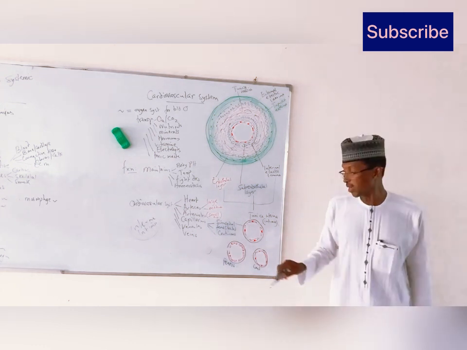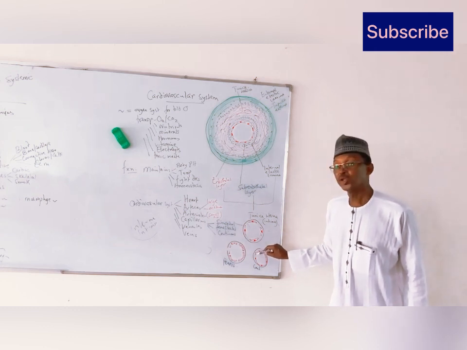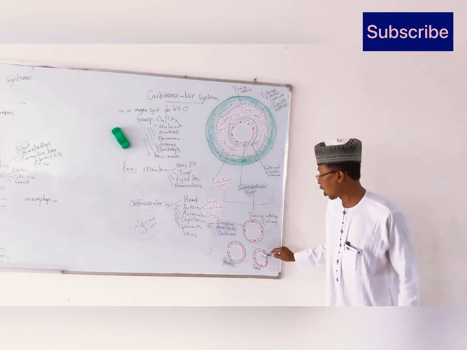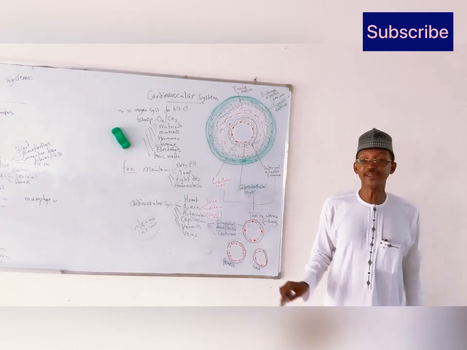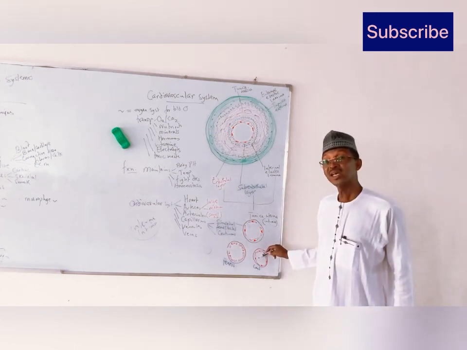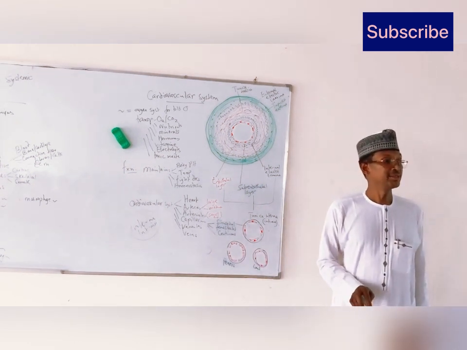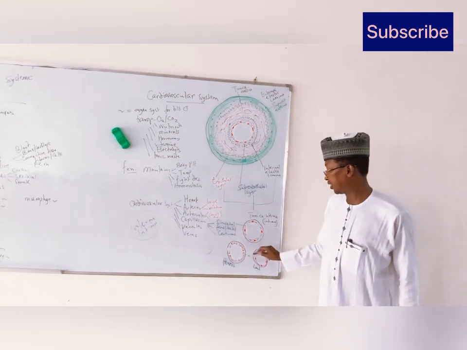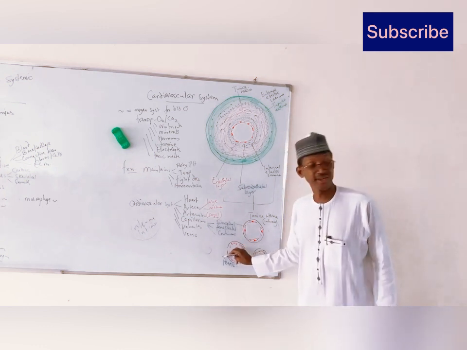Even though there is no gap in between the cells, small substances like oxygen, carbon dioxide, and so on and so forth can get out of the capillary by diffusion. For the fenestrated type of capillaries, substances can get out through the fenestration.